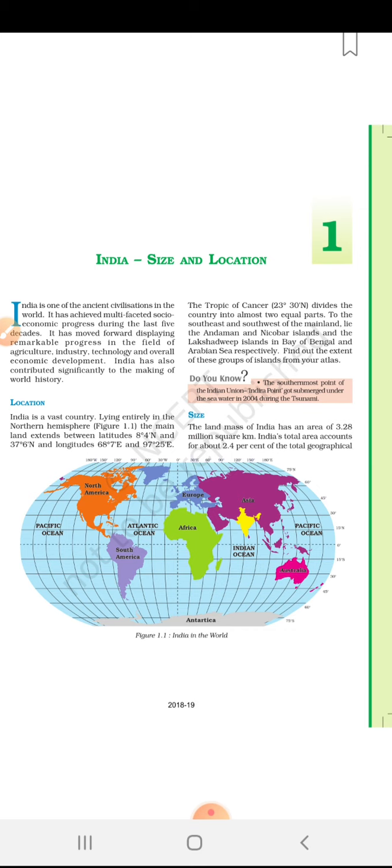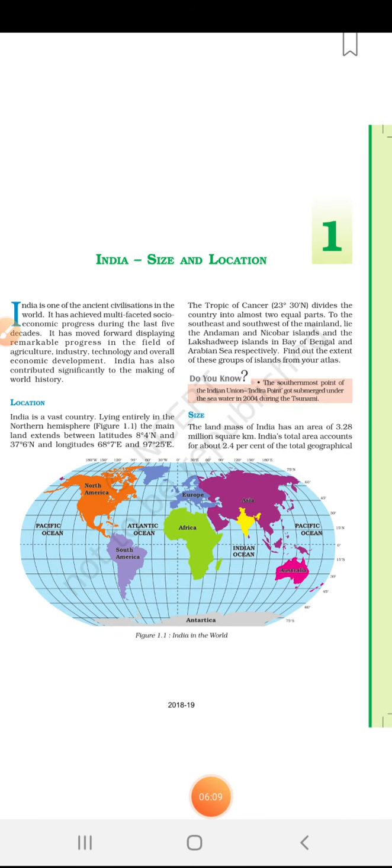So it must be clearly mentioned that Mumbai is at 19 degrees north. This parallel of latitude is called 19 degrees north latitude.